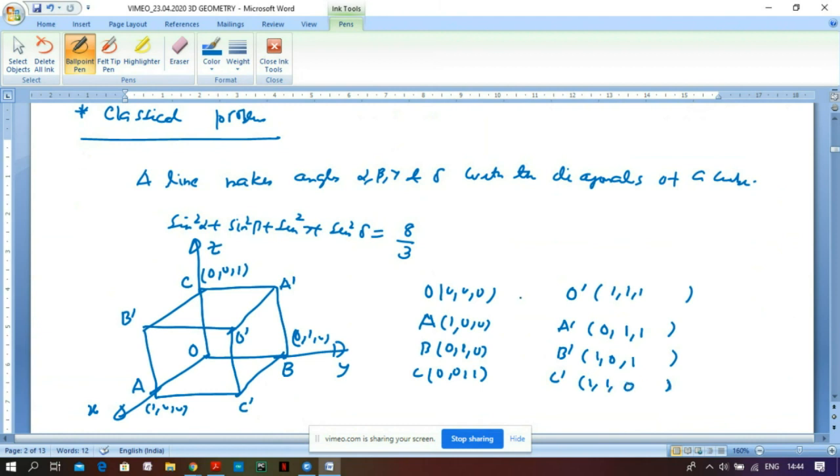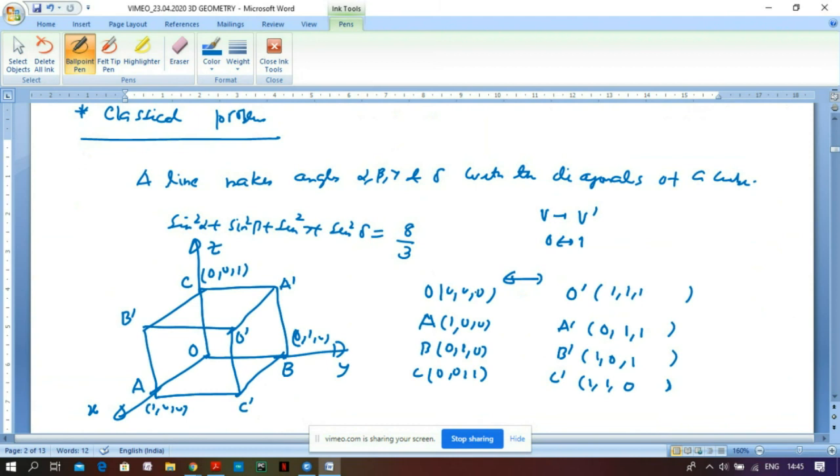Just note this beautiful symmetry: if you want to change to O prime, then change all the zeros to 1 and ones to zeros. Similarly, from A to A prime, it means from some vertex to the opposite vertex, interchange 0 and 1. Wherever 0 is there, put 1. Wherever 1 is there, put 0.